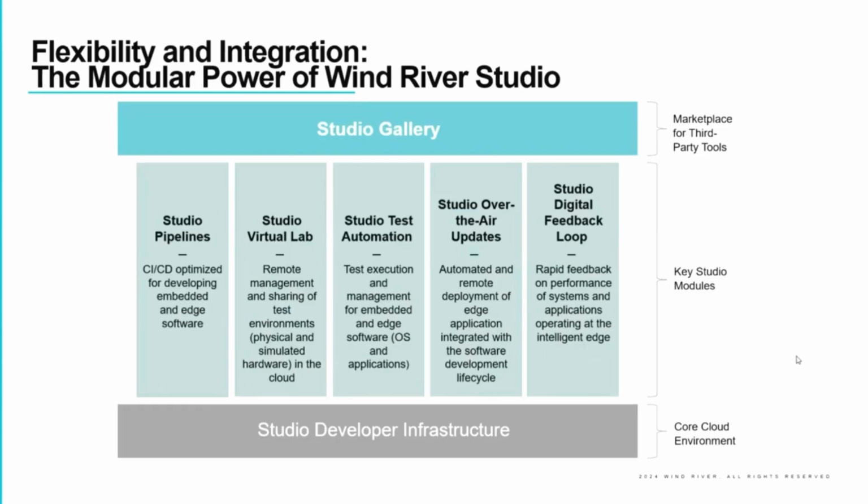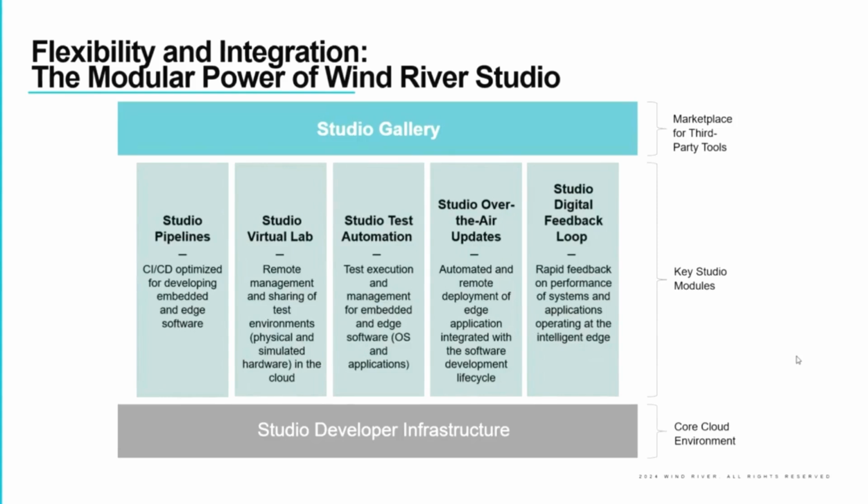The first one is Studio Pipelines, to automate and orchestrate the continuous build, continuous test, integration, and deployment process. Virtual Lab manages manual and programmatic access to shared, simulated, and physical devices. Test Automation standardizes and shares test suites and plans for system applications and components.